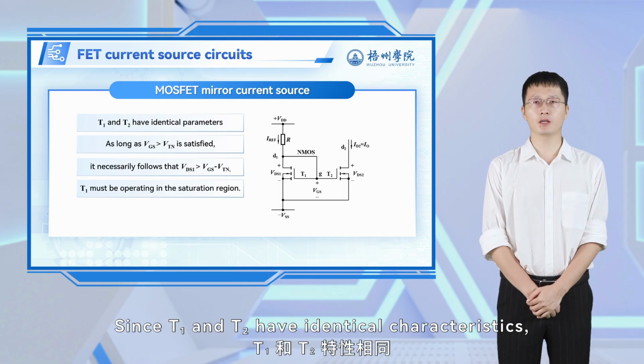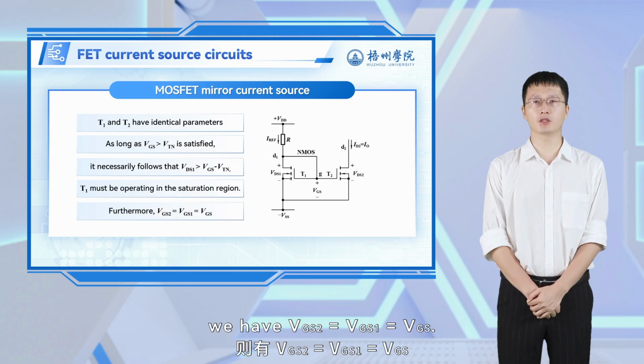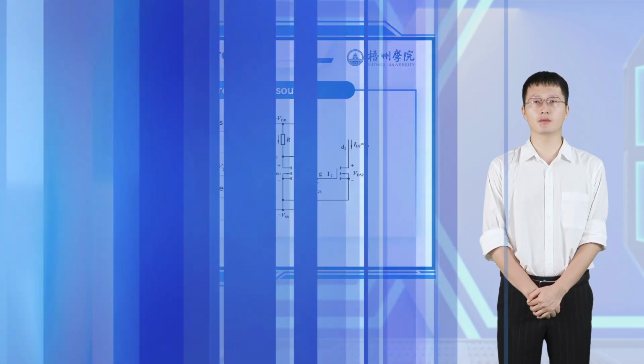Since T1 and T2 have identical characteristics, we have V_GS2 equals V_GS1 equals V_GS.